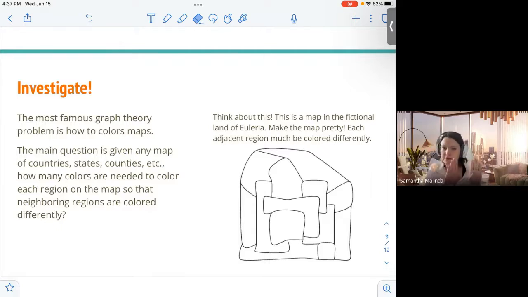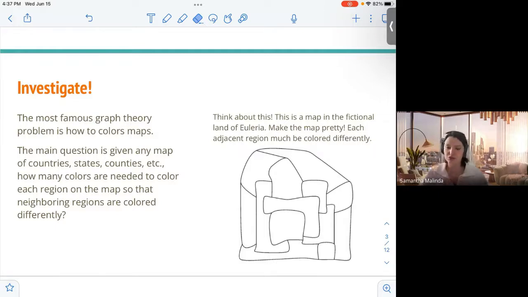Because if these colors were the same right beside each other, it might look very weird because they might look like a giant state. They're a giant state together. You might get confused on borders and things like that, especially if these are maps of other countries, of course.